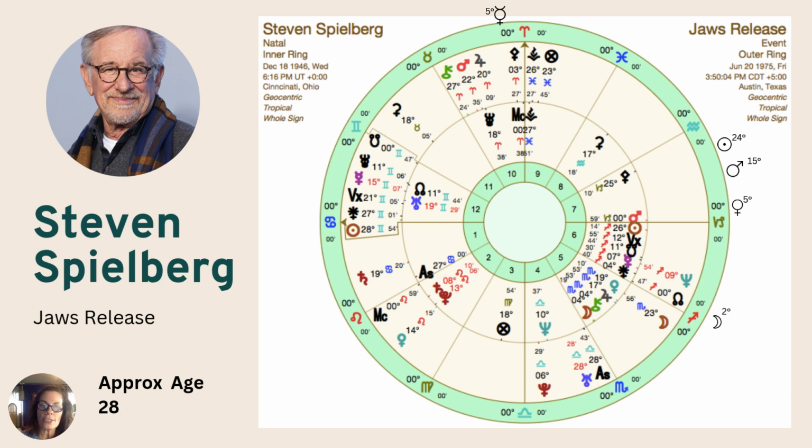And it's also involved in a yod with Uranus in his 12th house and Pluto in his second house, we could say Saturn, but that's much more wide. So there were definitely things to overcome, right?